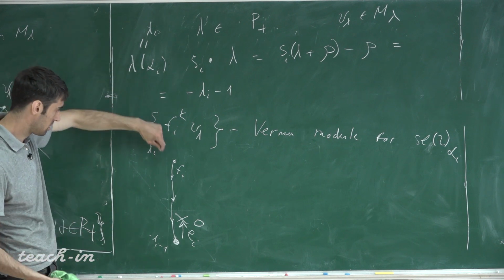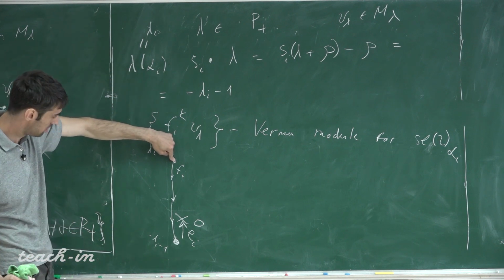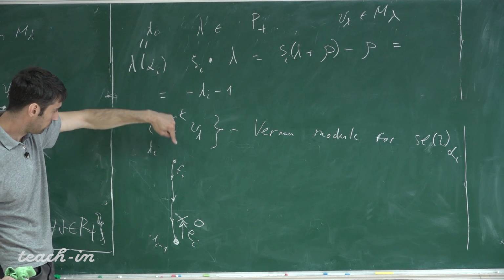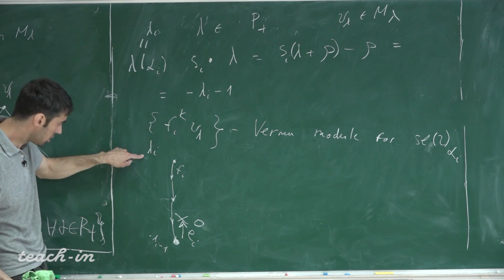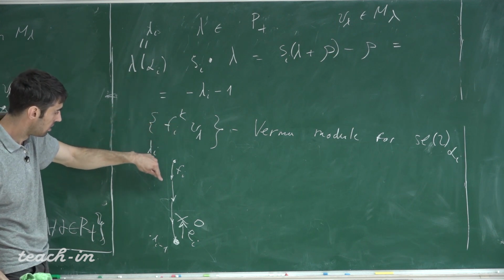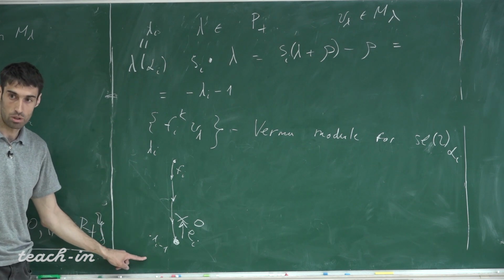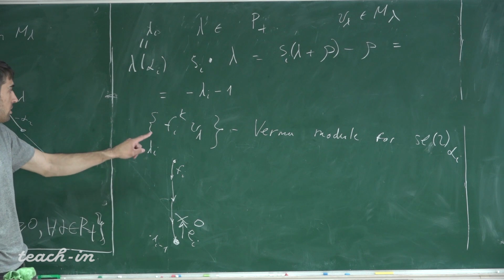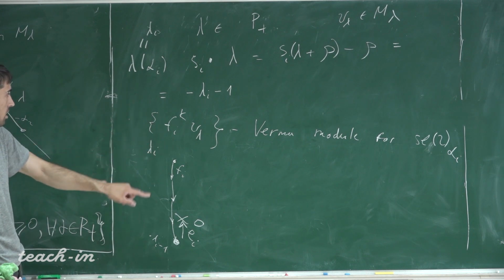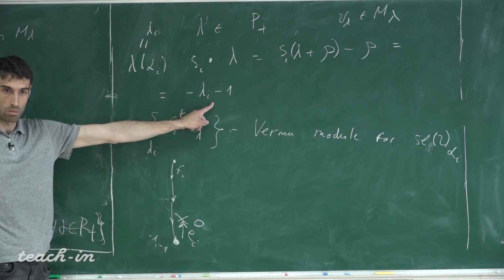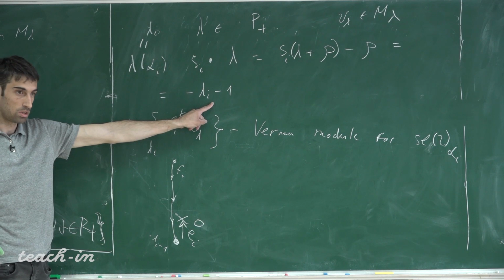So again, this is from the previous semester, right? If you started with something integer non-negative, then at the level negative lambda_i minus 1 you get a singular vector. But this is exactly the weight which we got here.